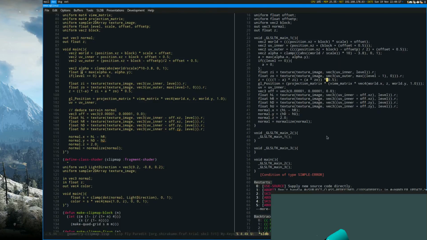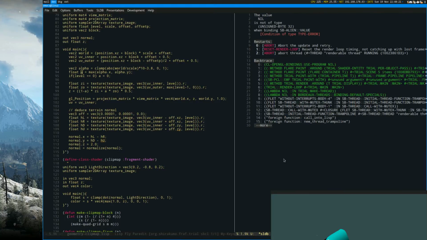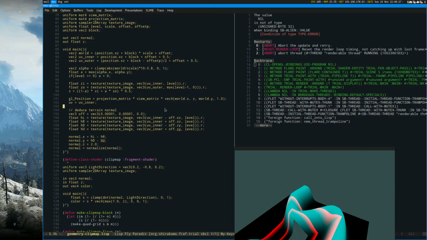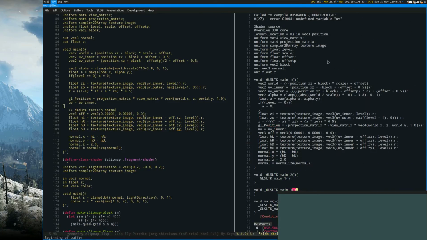I really need better restarts for this kind of stuff, because now it won't do the thing anymore. That's such a dick punch. Undefined variable UV.